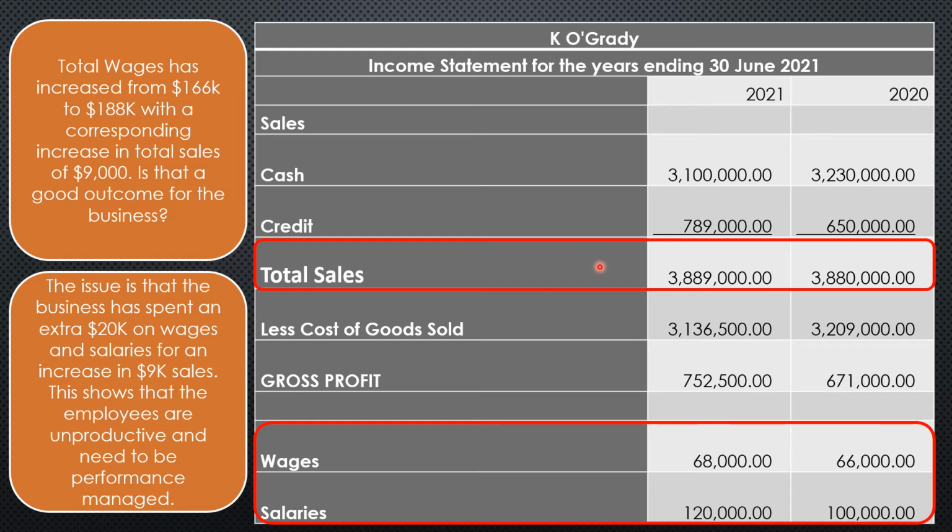So what do I mean by performance managed? That basically means that you look at the productivity of all of your employees of this business, and anyone who is showing to be unproductive, so therefore may not be contributing enough to the sales budget or might not actually be meeting targets in terms of the sales, is a recommendation to be performance managed, which means you're actually monitoring their performance, and if it doesn't actually improve, will give rise to termination of that employee.